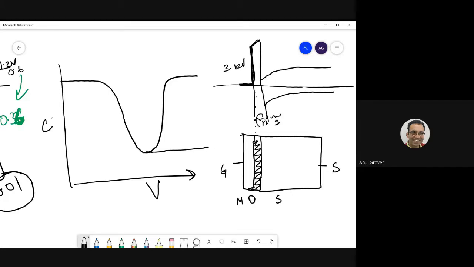It is 3.9 for silicon dioxide and 11.7 for silicon, so the ratio is about 3. If I have to drop x, then 3/4 will drop over here and 1/4 will drop over here. The slope over here will be 1/3 of the slope over here. That is what the ratio of dielectric constant means.